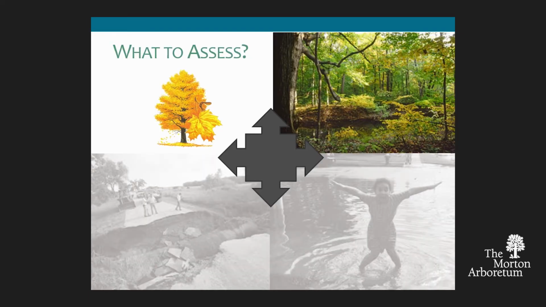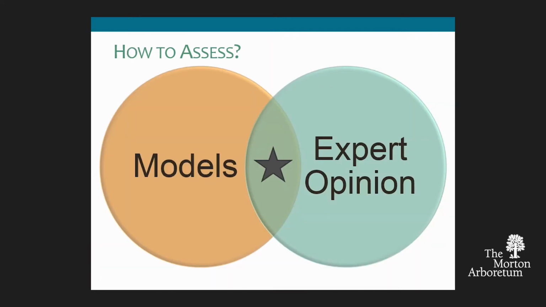So here, these systems are largely away from people, and so we have tended to focus primarily on tree species and forest ecosystems, and had less emphasis on that human and infrastructure component, although we do take those into consideration as well. And as I said before, what we try to do is focus on that intersection between using quantitative models and local expertise.